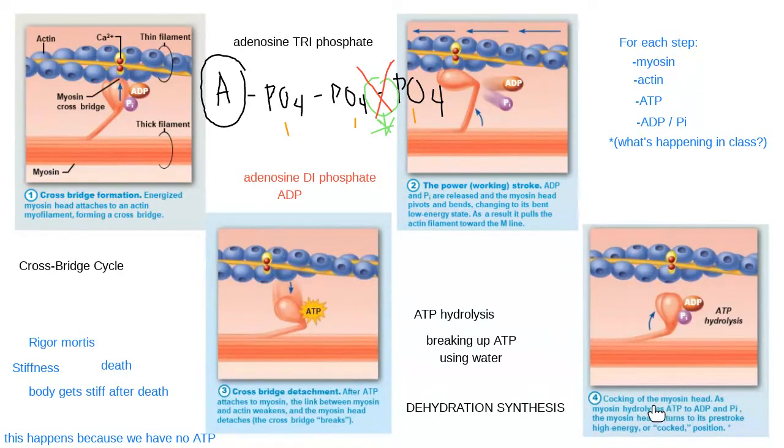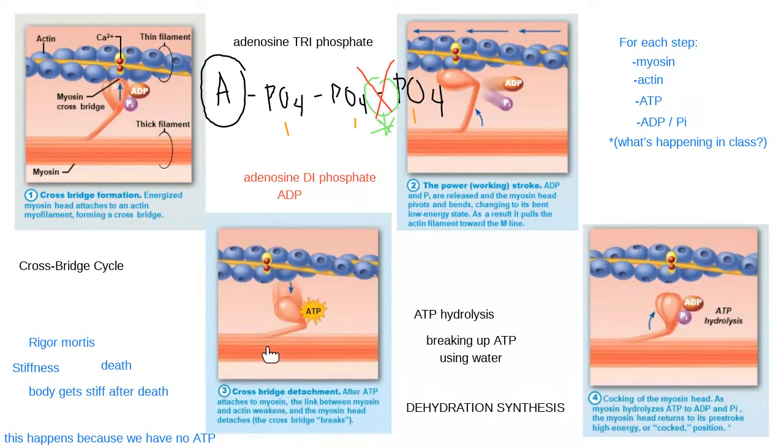So Fanshin asked if I had given you the question where if I told you we can't chop up our ATP, what's going to happen? What's going to happen is we're not going to be able to do this step right here. We're not going to be able to cock the myosin head, so we can't get it back into the upright position. And if we can't get it back into the upright position, it's not going to be able to attach to actin again.